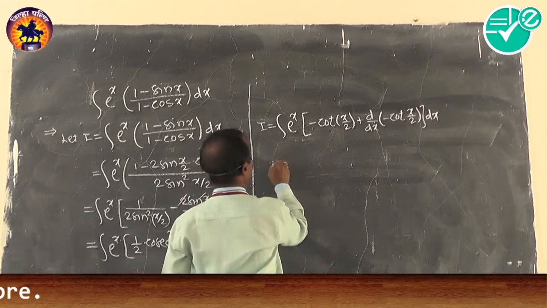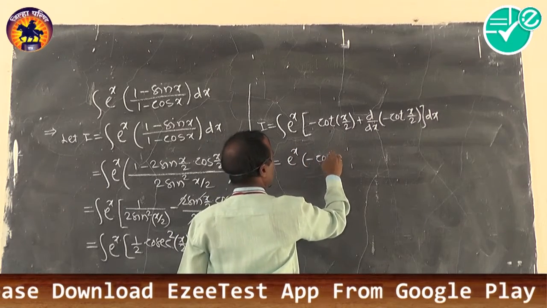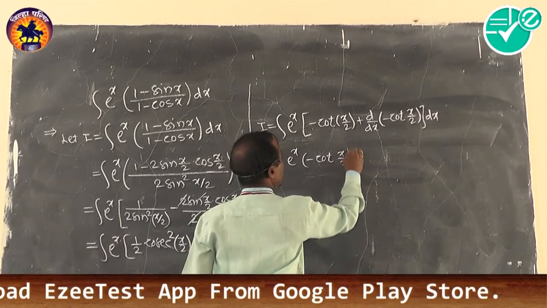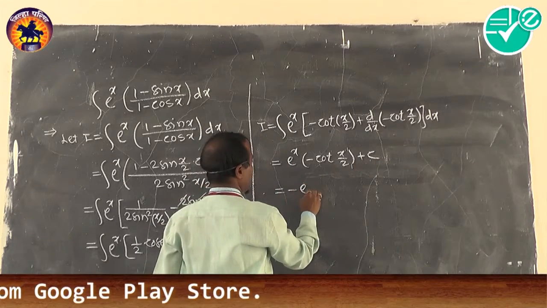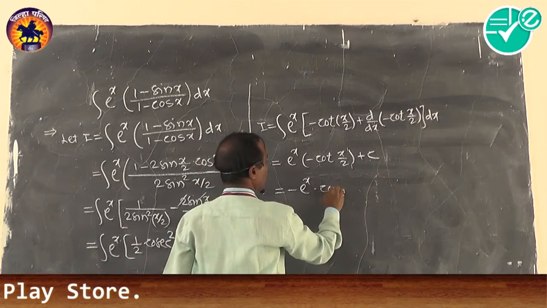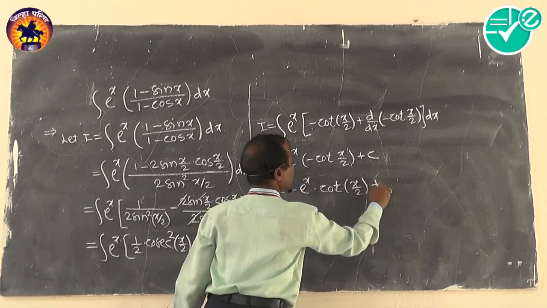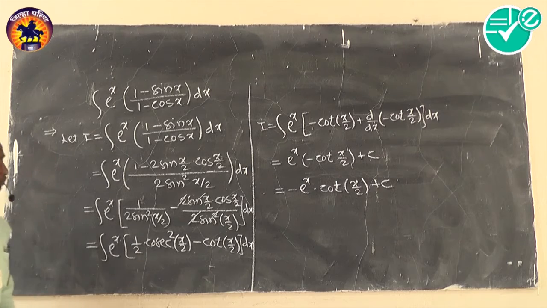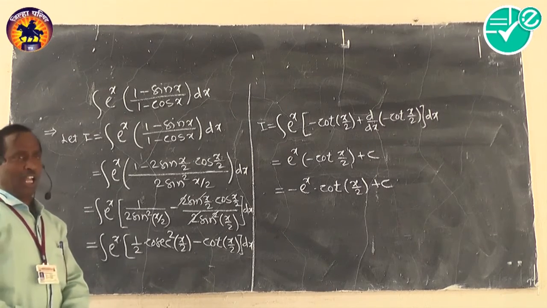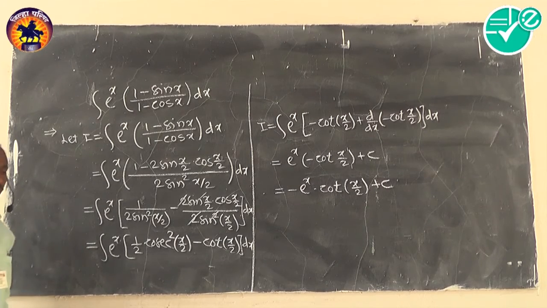So we get e raised to x into minus cot x by 2 plus c. So we get minus e raised to x into cot x by 2 plus c. So this is the required answer. We here apply the half angle formula and we get the solution.